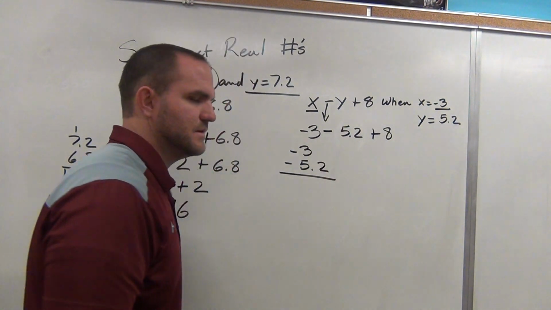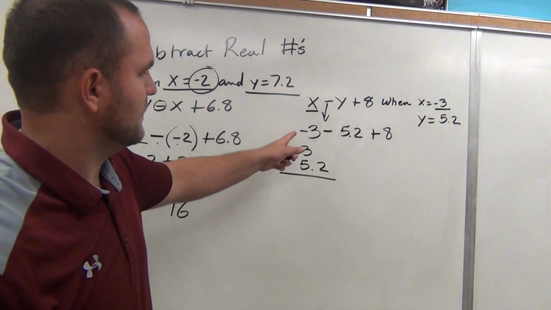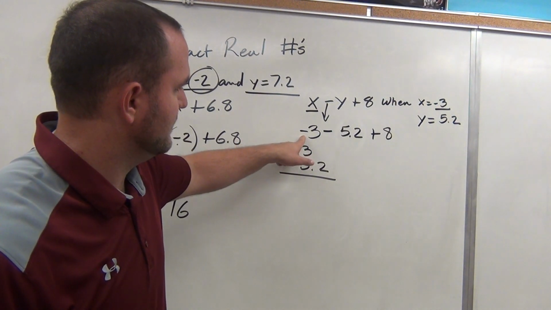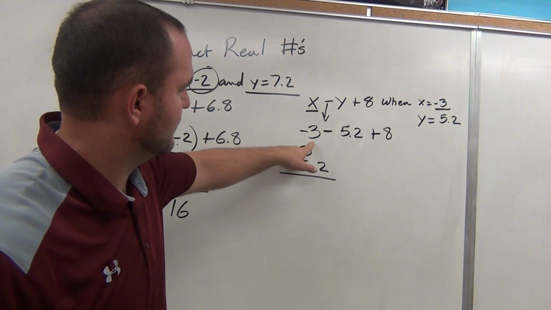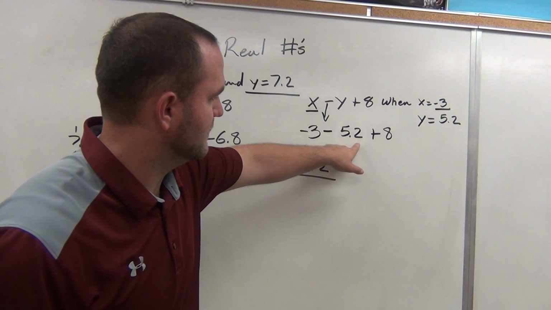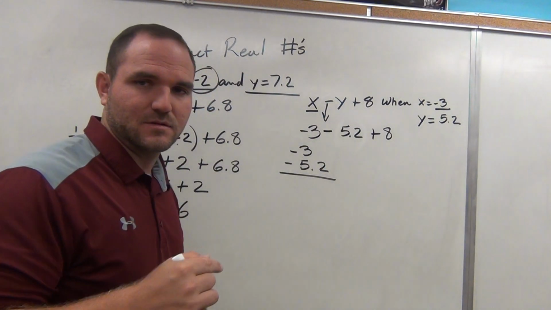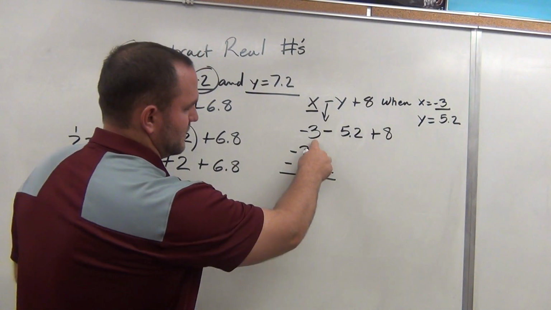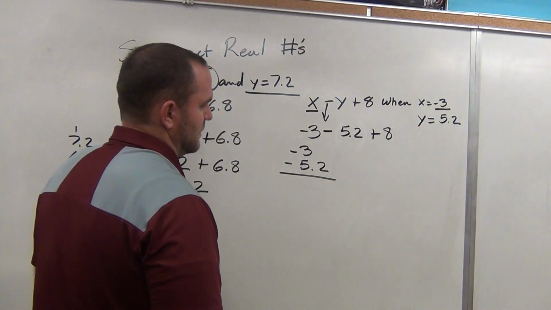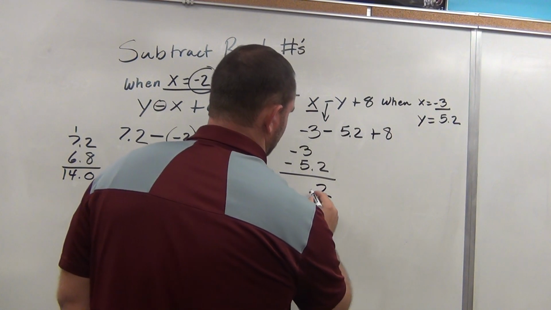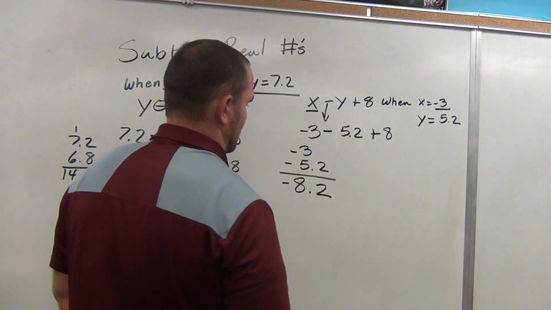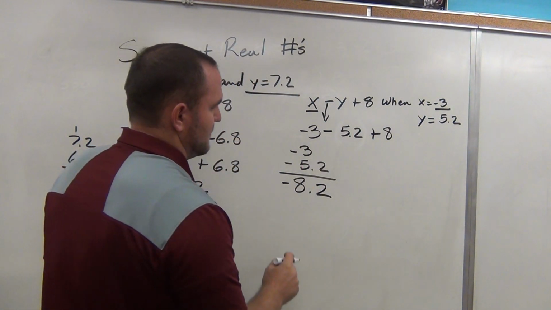Now, if you have a negative in front of 3 and a minus in front of 5.2, I can actually add those two together because we start with a negative 3 and we're taking 5.2 away. So I'm going to actually add those. So that would give me a negative 8.2.